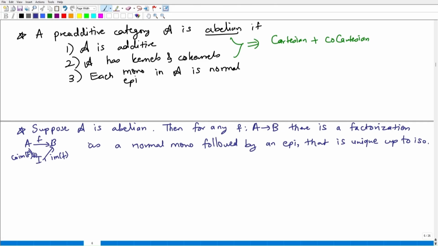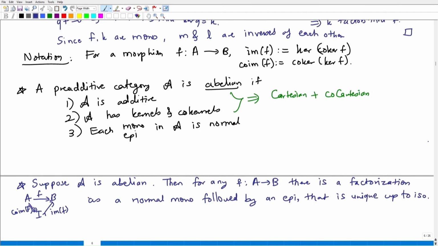Okay, so one thing I should do perhaps before this particular thing is that if you are given any particular morphism, let me write it over here. If you are given any morphism like this, and then you have its co-kernel of f, and then you take its kernel, which is the image of f.